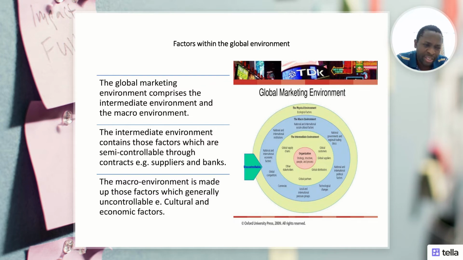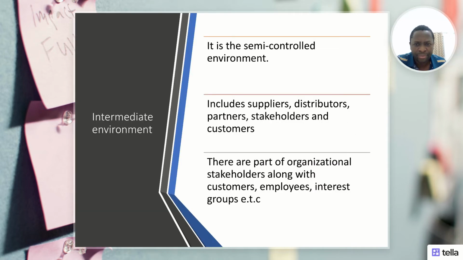Then we have the macro environment, which, as I indicated earlier, organizations should try to align their strategy to, so that they do not face barriers or resistance when they implement their marketing strategy. While for the intermediate, organizations are in a position to influence or control, like your relationship with suppliers, your bargaining power with suppliers, your relationship with banks, all those kinds of things.